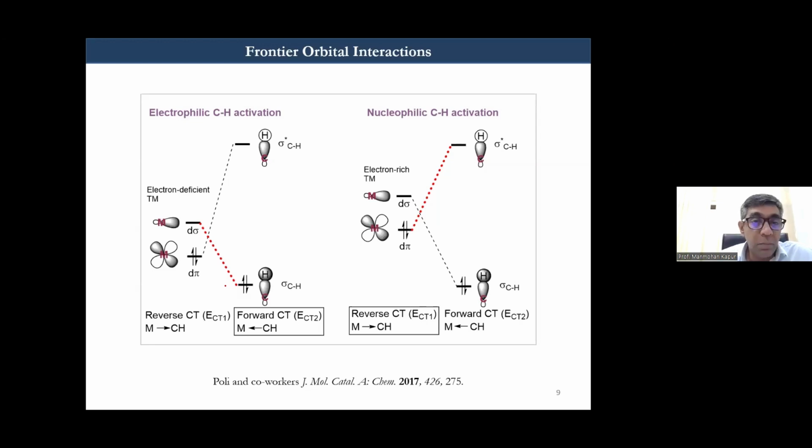If the metal complex is electron deficient, then the d pi and the d sigma are much lower in energy. Therefore, the forward charge transfer from the CH bond to the metal dominates. Whereas in the nucleophilic CH activation, the metal is electron rich. Therefore, the reverse charge transfer dominates from the metal to the CH sigma star.